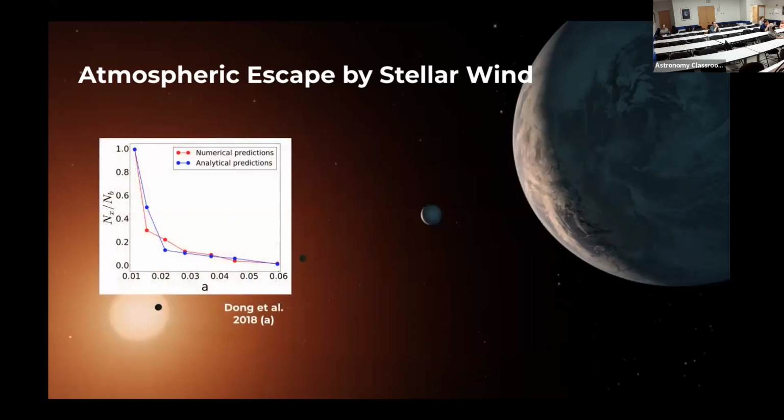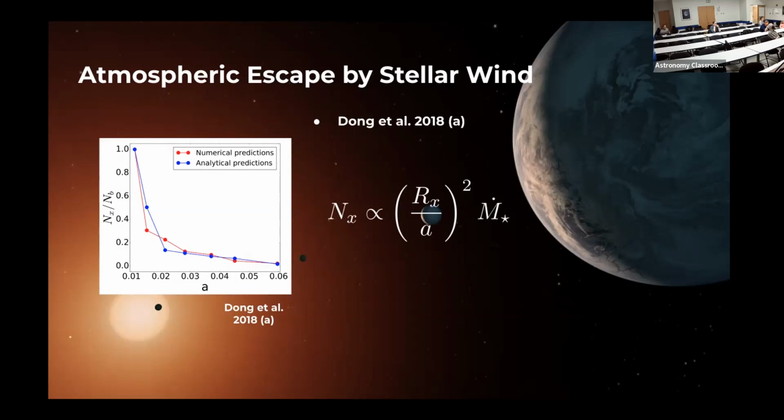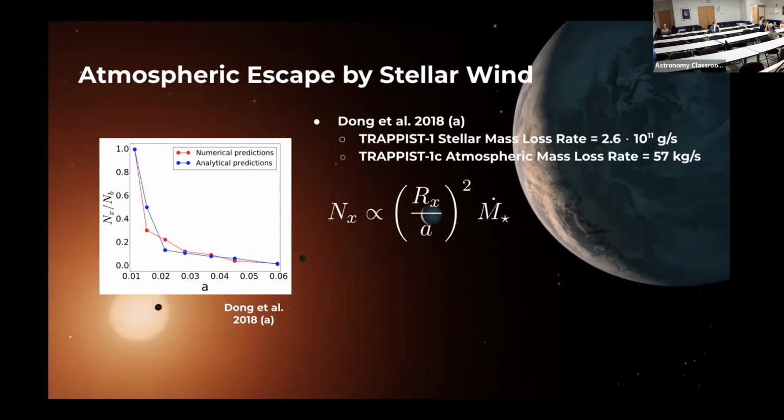And the great thing is that what they found is you can model this with a scaling relation, where the stellar wind depends on the mass loss rate of the star. So the atmospheric mass loss rate is directly proportional to the stellar mass loss rate. The paper that I showed cites a stellar mass loss rate of 2.6 × 10⁻¹¹, which then produces a constant atmospheric loss rate of 57 kilograms per second.